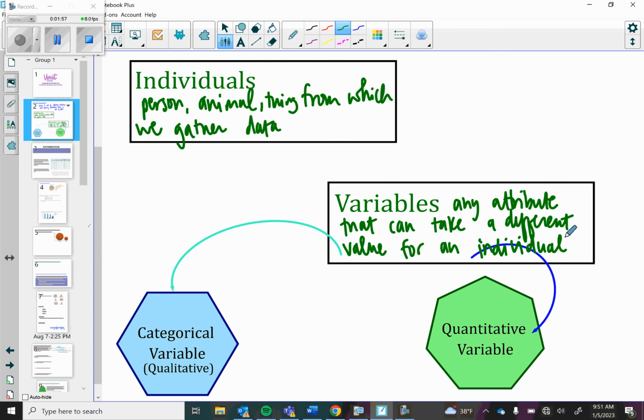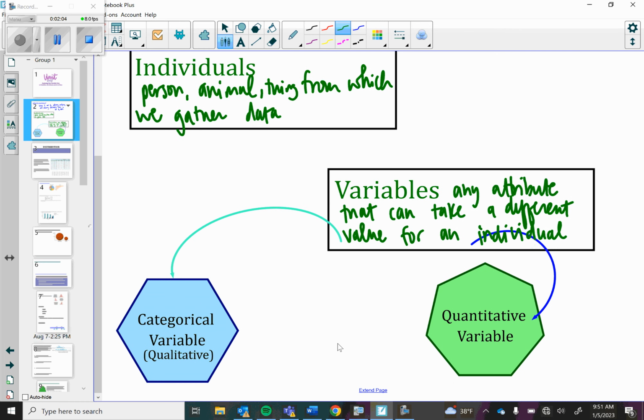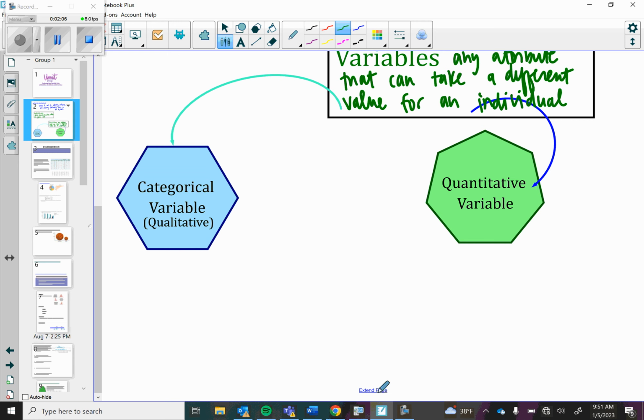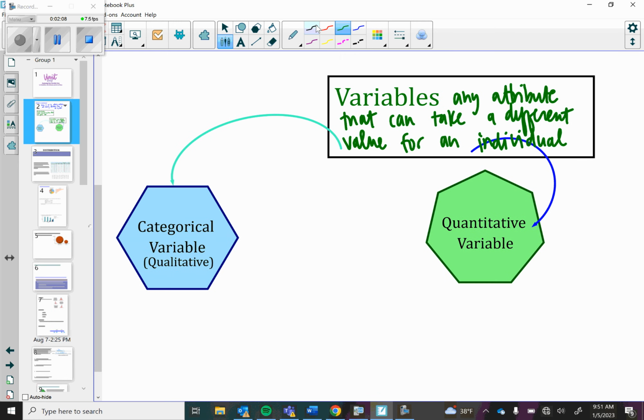And of course, we need to categorize our variables in a couple different ways. As you see here, we've got categorical variables, sometimes known as qualitative, and quantitative variables. Now, if you think about what those words mean outside of statistics, in quantitative you kind of see the word quantity. In categorical, you kind of see the word category.